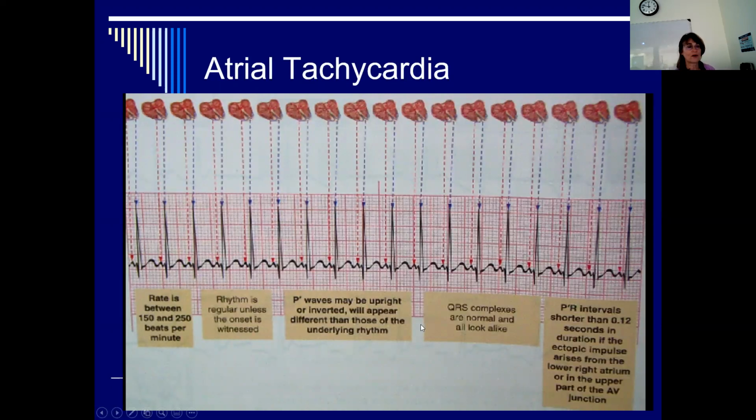Here's a really fast heart rate. How fast is it? So you counted 18? Yeah, so heart rate's 180.